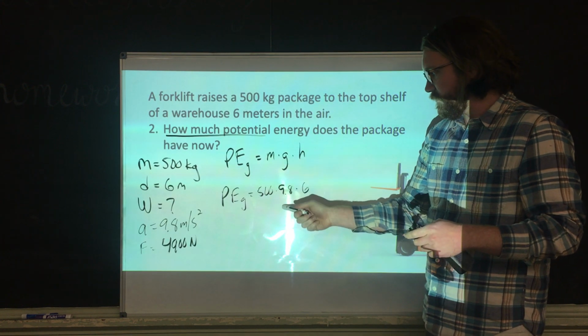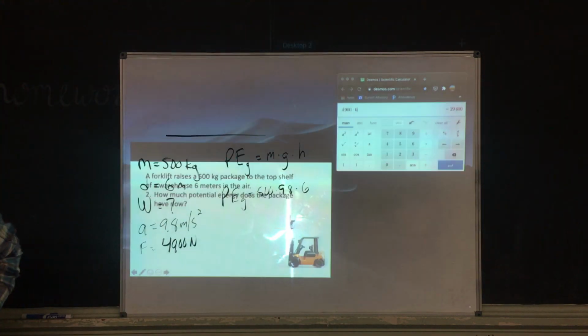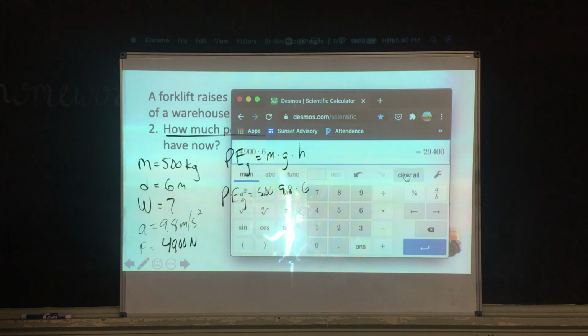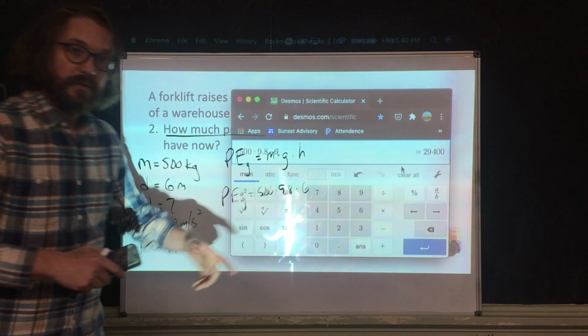Mass, little g, height. Go back to our calculator, clear all out. So we have 500. Hopefully you see where this is going. Times 9.8 times 6, and look at what number that gives us. It's exactly the same.